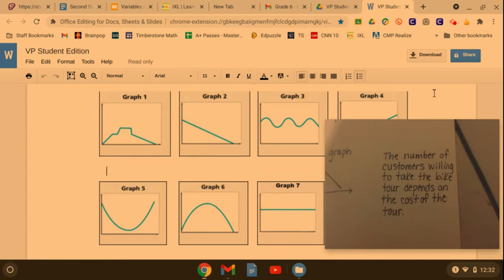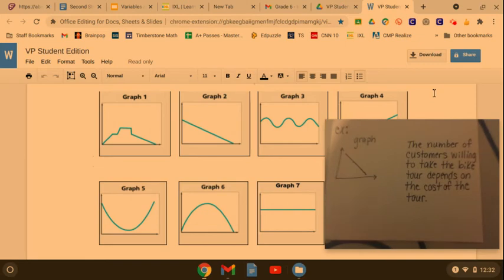And we put that in a graph, and we were saying that the more the price went up, the less customers were willing to pay. So this is similar to what your worksheet's going to look like. It's going to have several different graphs, and then it's going to have a story.